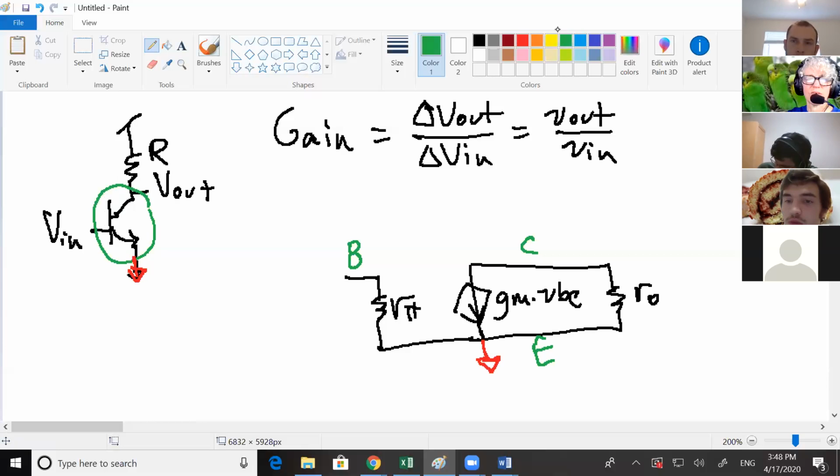And then what's the base connected to? V_in. And since this is a small signal model, it only cares about the changes, so I make that a lowercase. Where's the resistor connected?